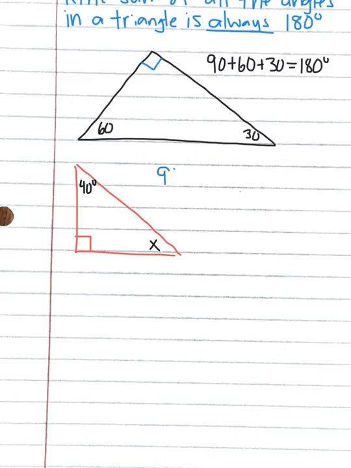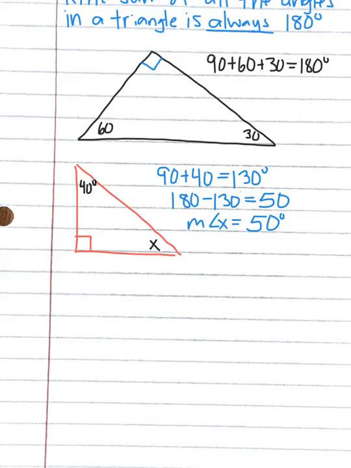So we know that right angle is 90 degrees plus the 40 degrees for what we know gives us the fact that there are 130 degrees accounted for in that triangle already. So now I can just take 180 minus 130, and I figure out that the measure of angle X is equal to 50 degrees. So pretty straightforward when you have just a standard triangle.